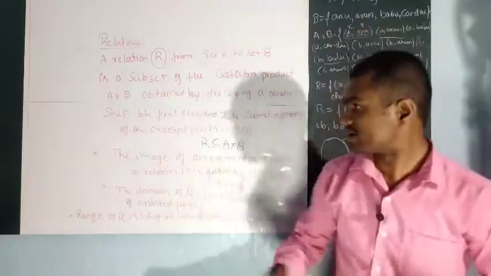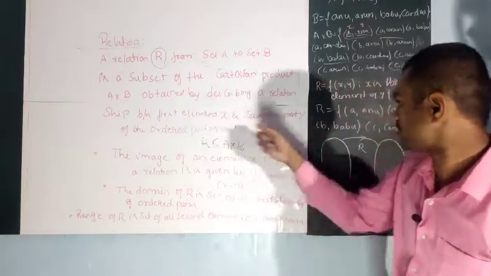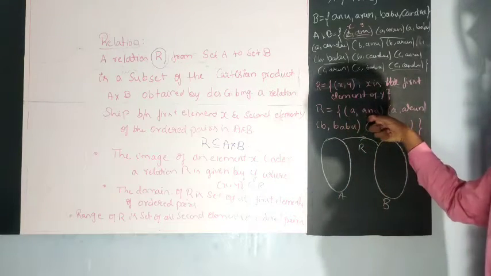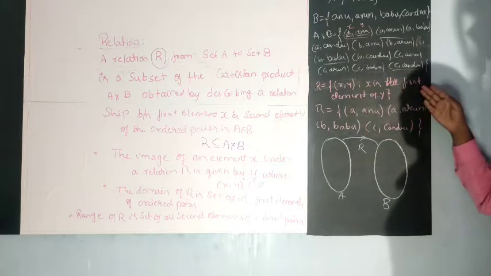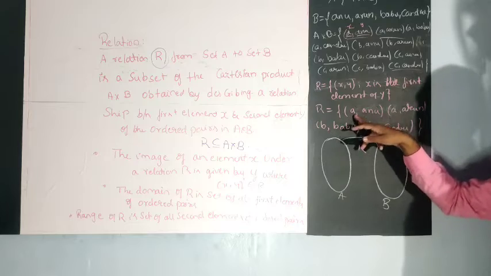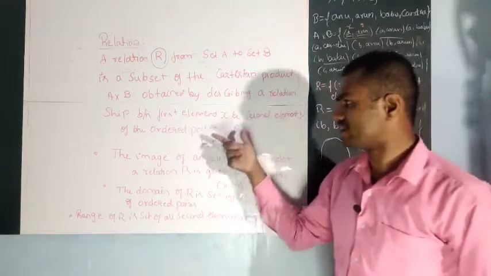That is very important. By describing a relationship between the first element X and second element Y. What is the relation here? X is the first element of Y, that is, A is the first element of Anu. That is the relation.